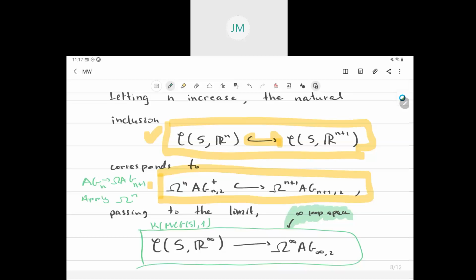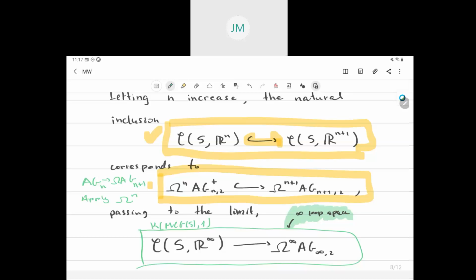If you wanted to just look at the spaces, you'd think maybe AG infinity 2 should be contractible, but loops n shifts the homotopy groups down. So homotopy groups of AGN are 0 in a range increasing with n, but then loops n of it shifts it down by n. So you end up with something not contractible.